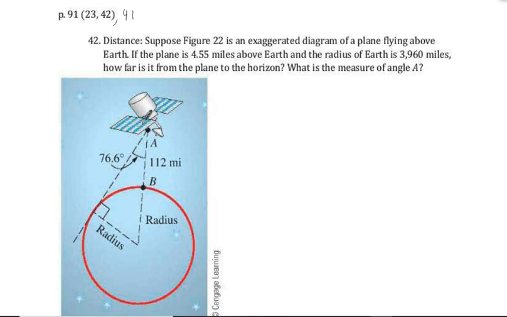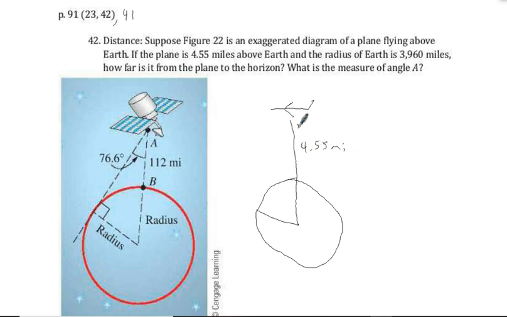In this figure, number 22 in your text goes with problem number 41. It's just to be an example of the picture that they're describing for this problem, number 42, where they're talking about an airplane, and excuse my art, here's our airplane that's flying above the Earth. It says it's flying 4.55 miles above the Earth.